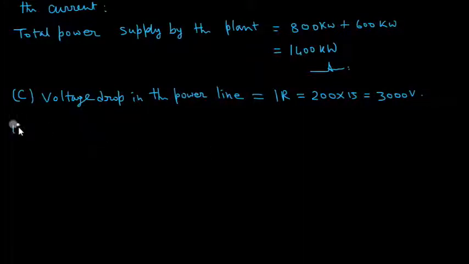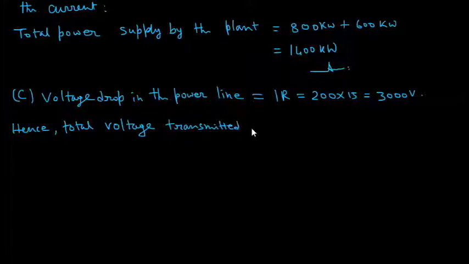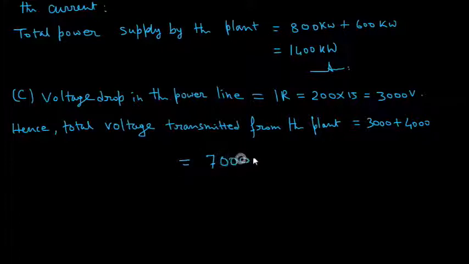Hence, total voltage transmitted from the plant is equal to 3000 plus 4000 volt, that is 7000 volt.